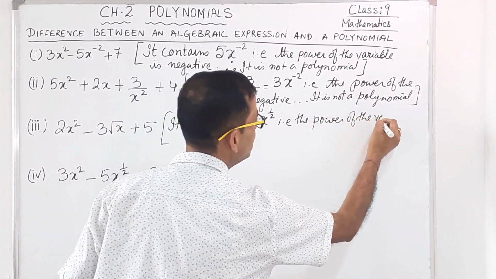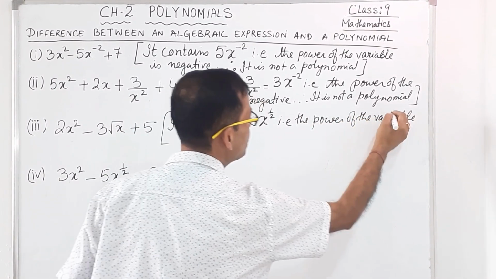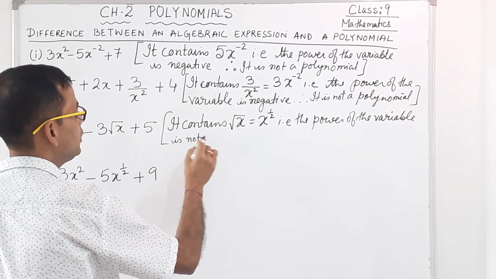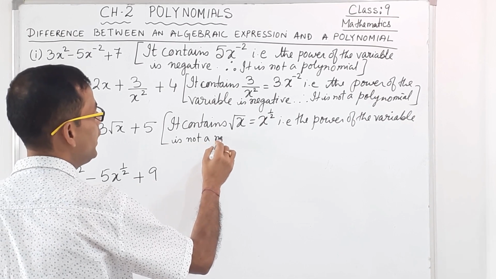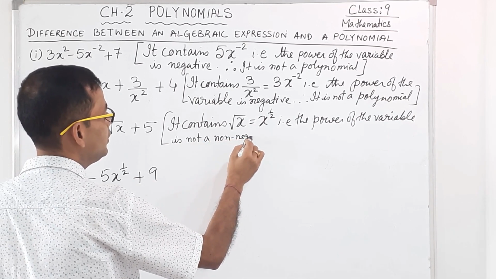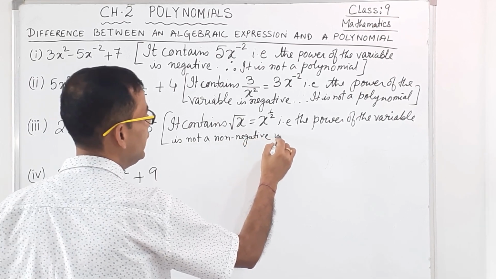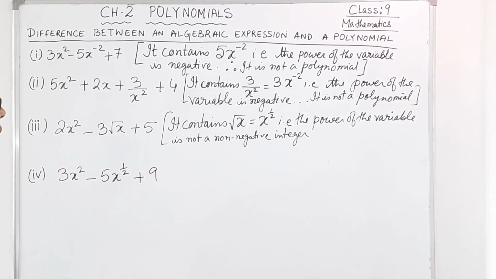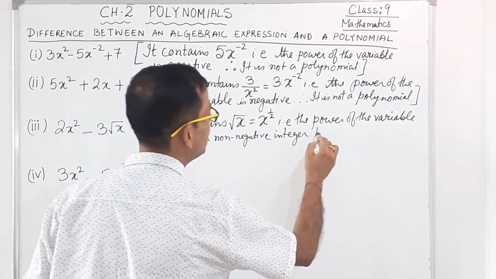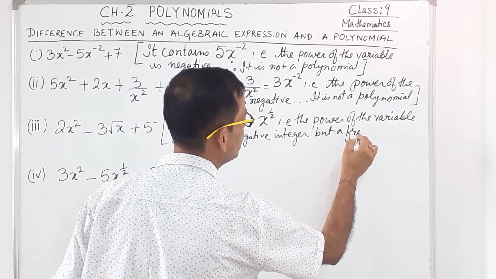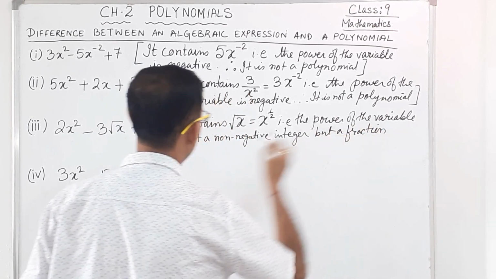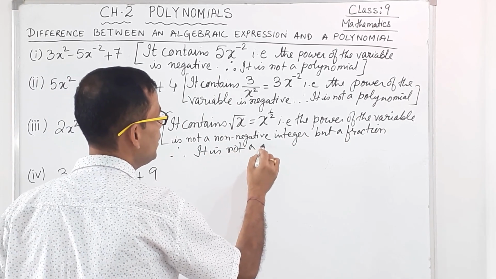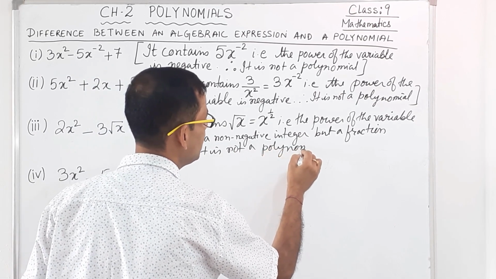That is, the power of the variable is not a non-negative integer, it is a fraction. Therefore, it is not a polynomial. Clear?